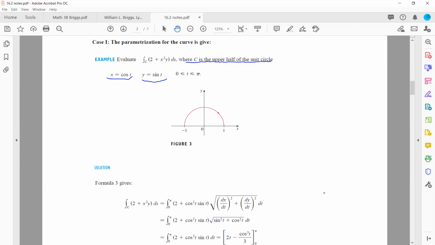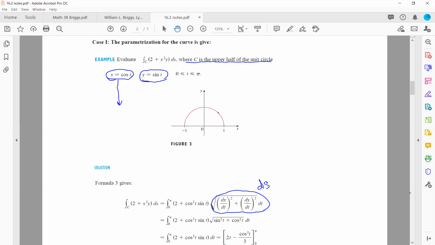You just copy down the function and substitute cosine t, sine t for x and y, and your ds is the square root of the derivative of x with respect to t and the derivative of y with respect to t. Both of these are squared, then added together.